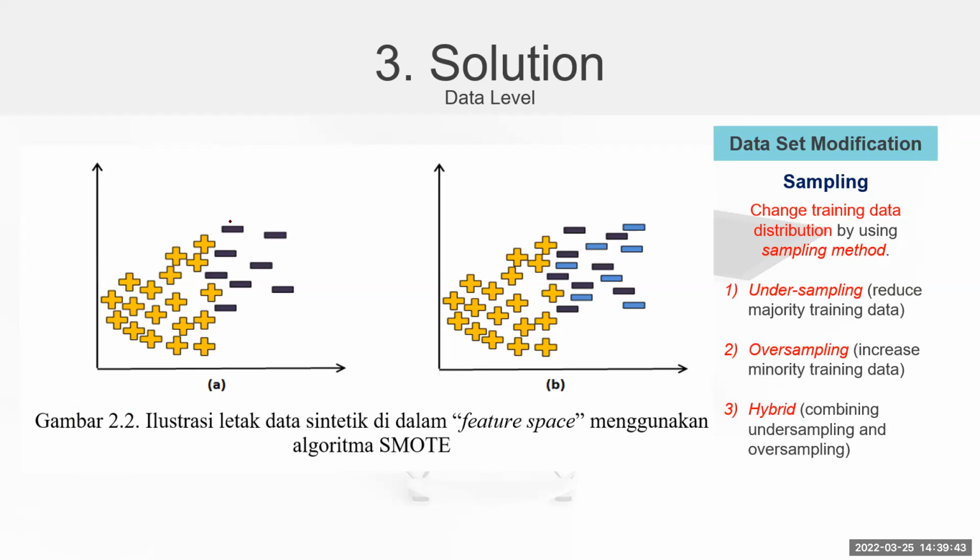I mean, in the original there are only two data points. Imagine we visualize the data in two axes, X and Y. It is only two. If we conduct oversampling, it becomes maybe 10 data points.